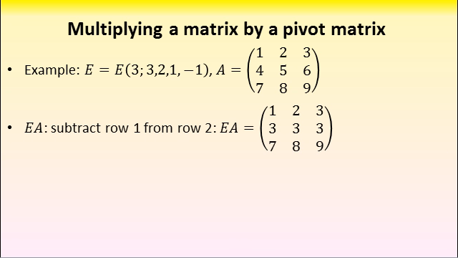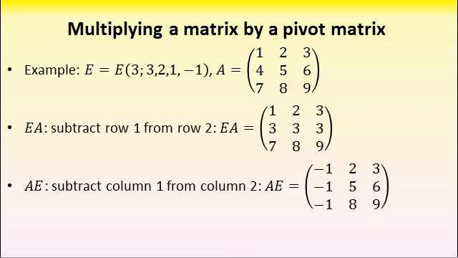So simply take the second row of A and subtract the first row, and you get E times A. Post multiplying, doing A times E, will now affect the first column of A. And the first column of the product will be equal to the first column of A minus the second column of A. So it'll be this. And again, it's E times A that you should really learn how to do. A times E is not that important.